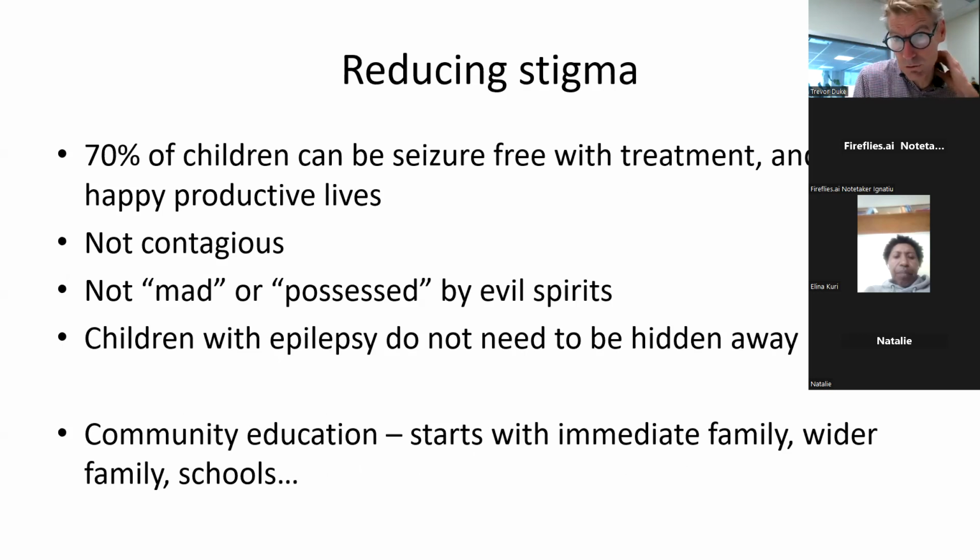This is very important to address, I think, with families. And I would think that education starts with the immediate family, and then sometimes our role can be a wider education of a family or a school or even the community about epilepsy and how it can be treated and how children can have a good outcome.